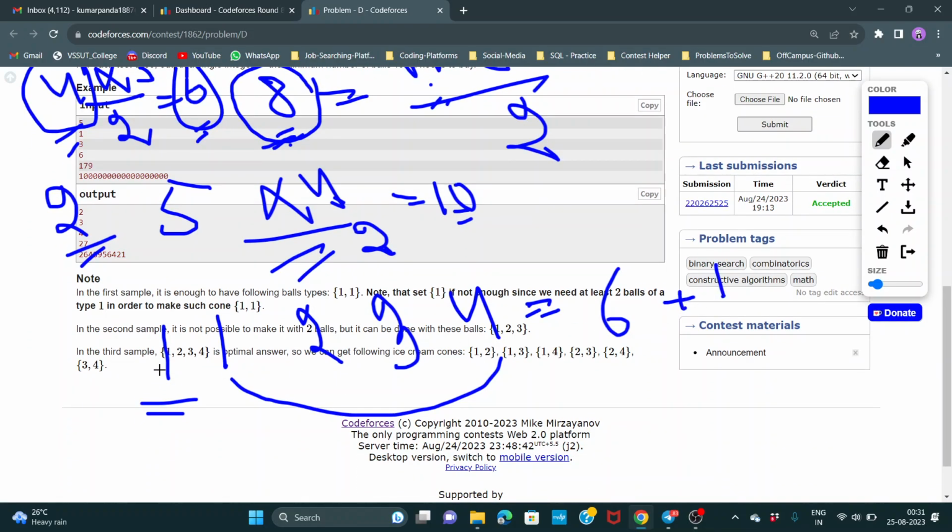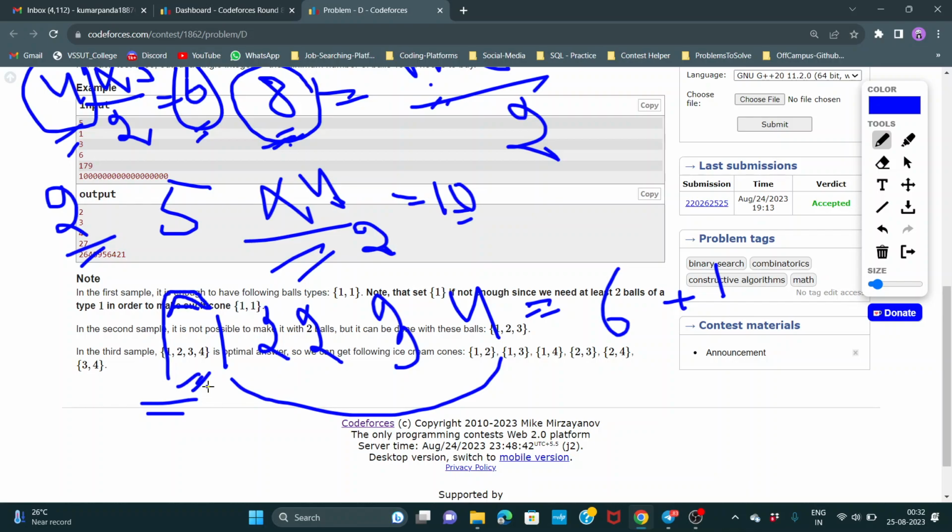because it can only pair with this one and one, it cannot pair with any one of the others, because for those I have already considered all the pairs. So it can only pair with this one, and it increases my answer by one. And also I have to take another ball whose flavor should be the same as the existing one.